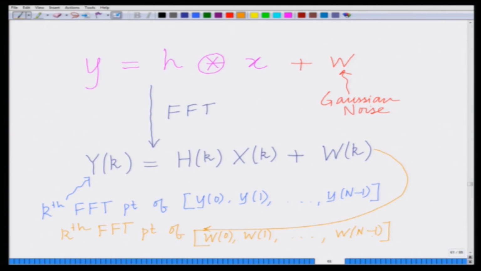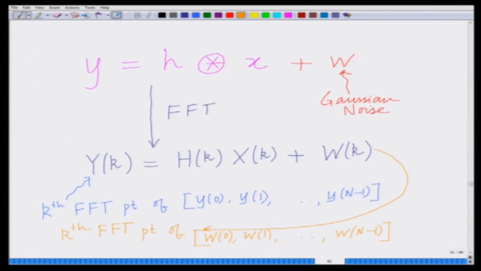What we are saying is very straightforward. In the time domain we have the received signal small y as the channel H circularly convolved with the transmit signal X, plus the noise small w at the receiver.